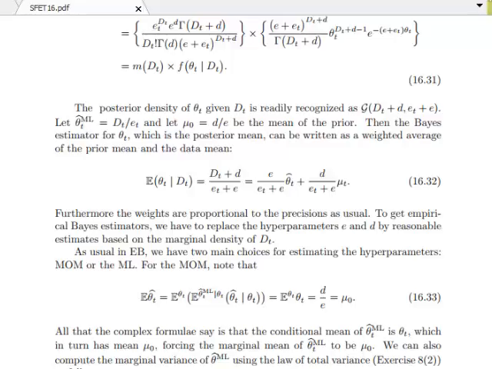So et is your observed expectancy. Okay, so theta hat ml, the maximum likelihood estimator.